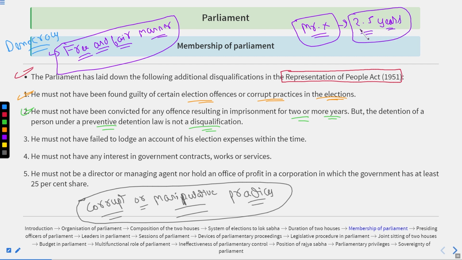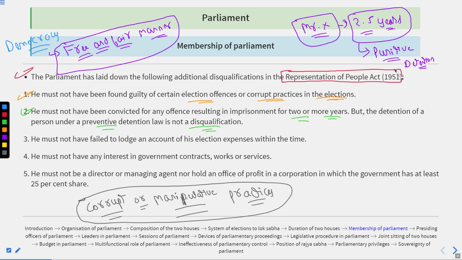So it is more than 2 years. So the person will be disqualified from contesting for parliament, but only in the case of punitive detention.